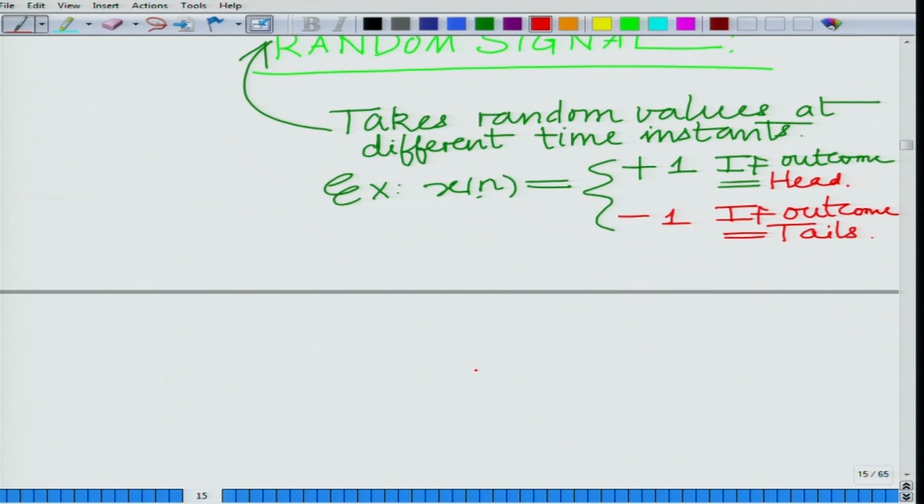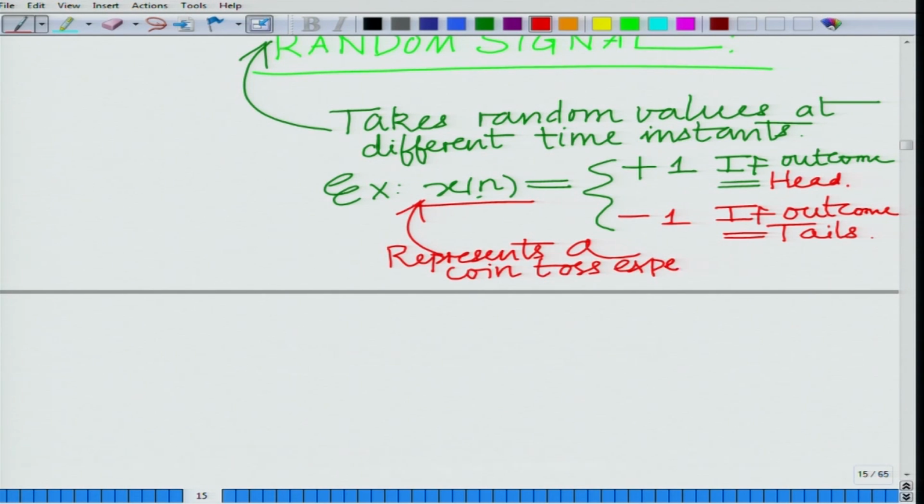So, this is basically representing a coin toss experiment.